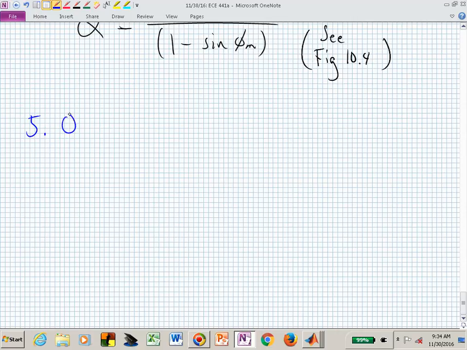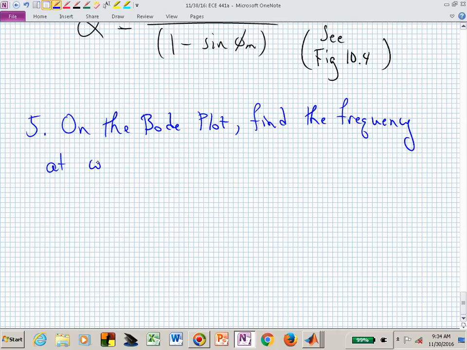On the Bode plot, this is now on the uncompensated Bode plot, find the frequency at which the gain has a value equal to minus 10 log of alpha.